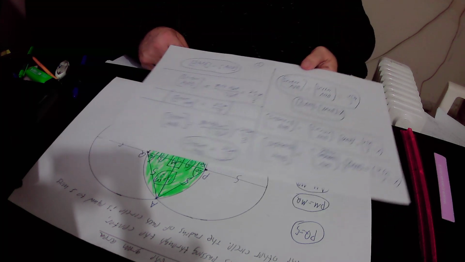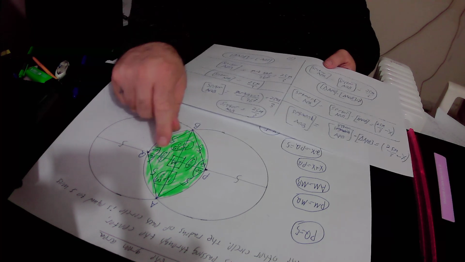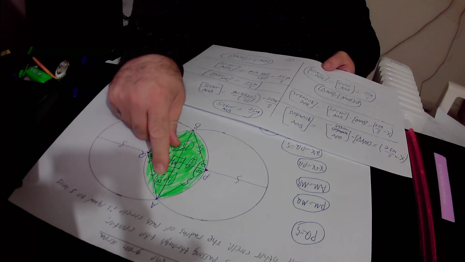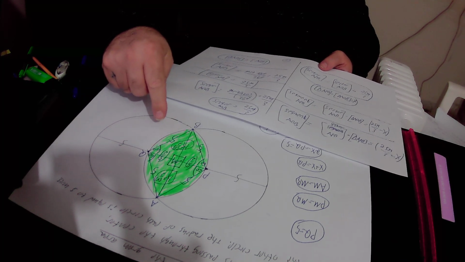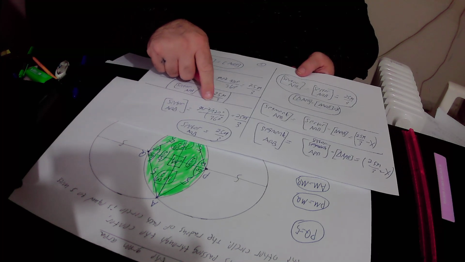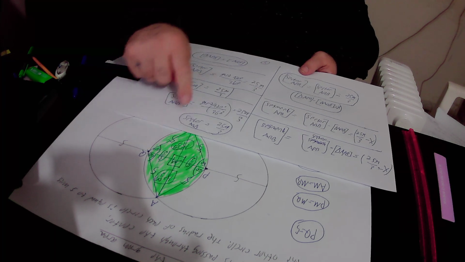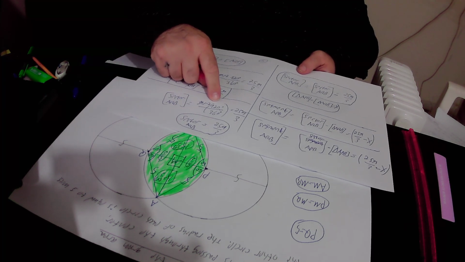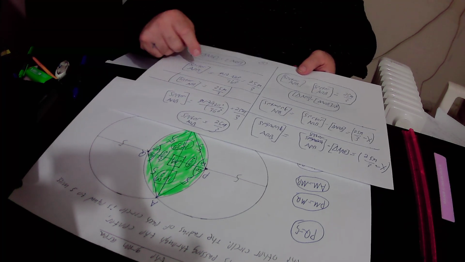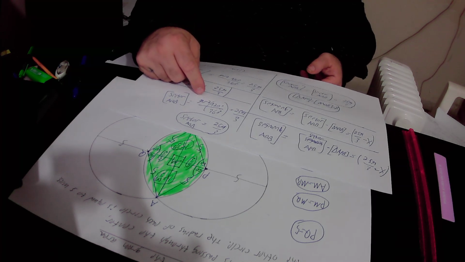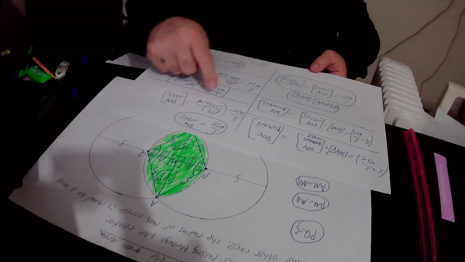Then we calculated the area of sector AQB. The area of sector AQB will be equal to pi r squared times 120 degrees, because 60 plus 60 is 120 degrees. So it is pi r squared times 120 degrees over 360 degrees. R equals 5, so r squared is 5 squared, which is 25.